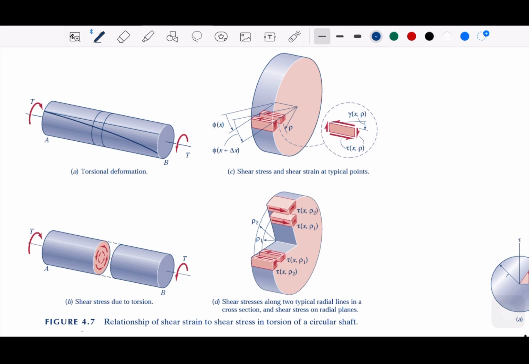If we zoom in into each small sample here, we are going to see that every element will have a shear stress. Every element will have a shear stress here, and shear stress here.